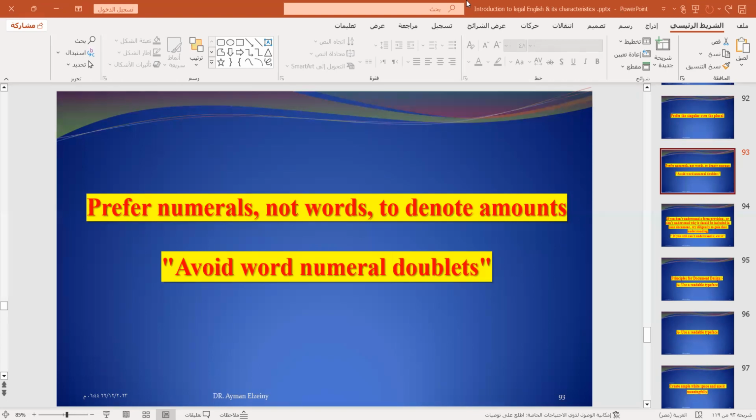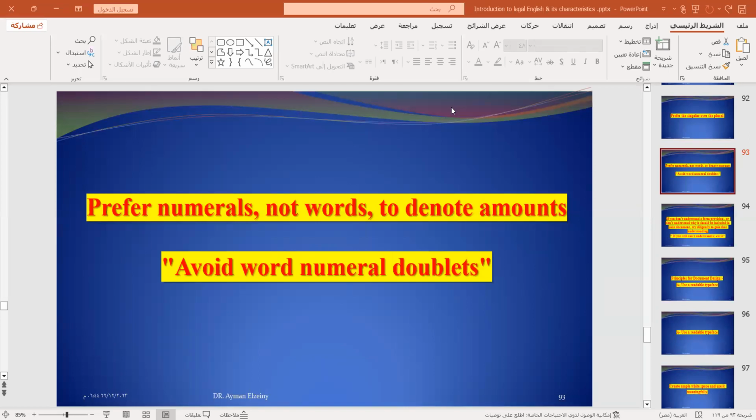For example, for number 11 and above, you have to use numerals. They are more economical.